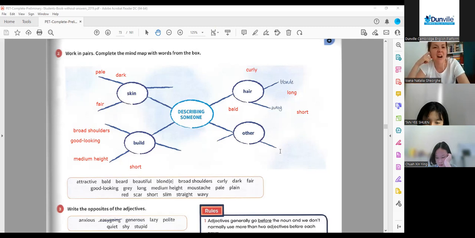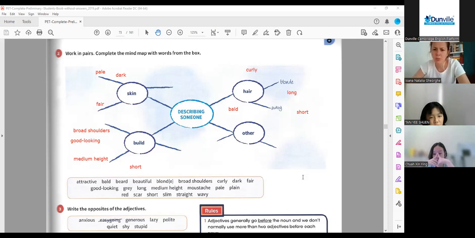Oh, what's a scar? It's like what Harry Potter had, the scar on his forehead. Have you read Harry Potter? No? You haven't? Have you seen the movies? Yeah. So Harry Potter had like a thunder scar, a scar in the shape of a thunder here.